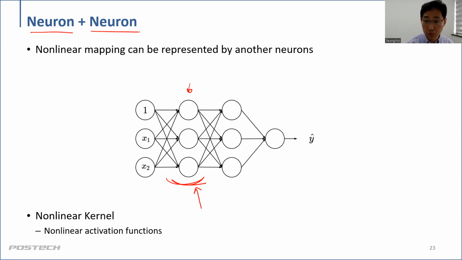Over there it is neurons and neurons. This first neuron is going to work as a kernel. The nonlinear mapping can be represented by other neurons, or other layers.